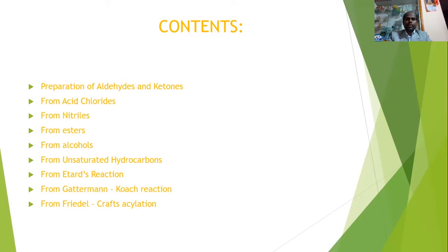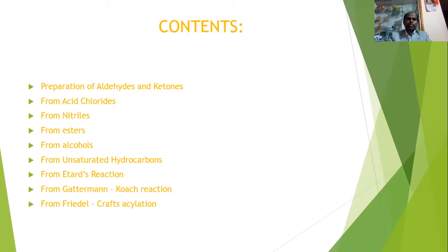Similarly, we can also prepare aldehydes and ketones starting with nitriles, and also from esters and also from alcohols. It's also possible to prepare them from unsaturated hydrocarbons.